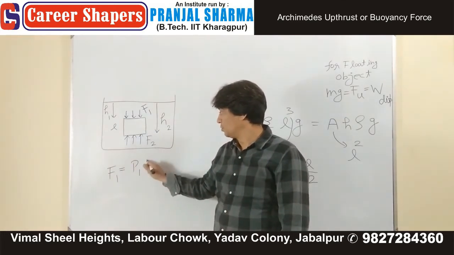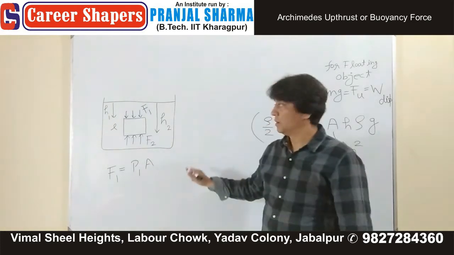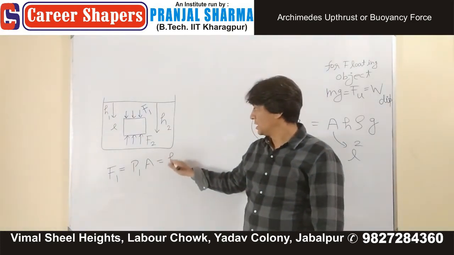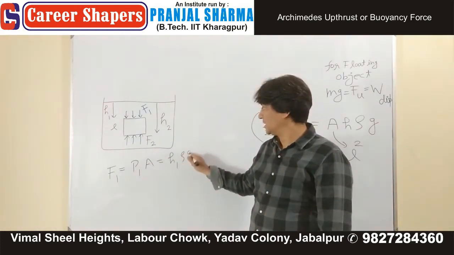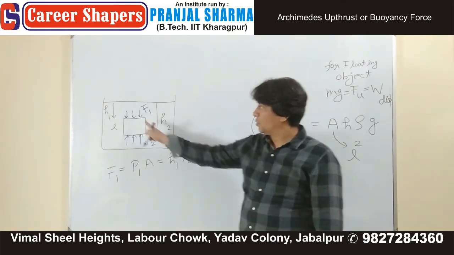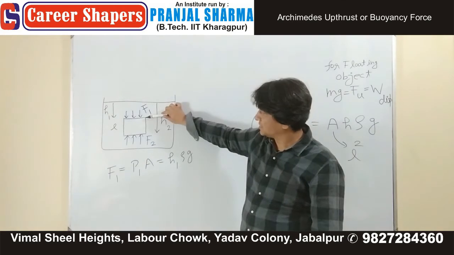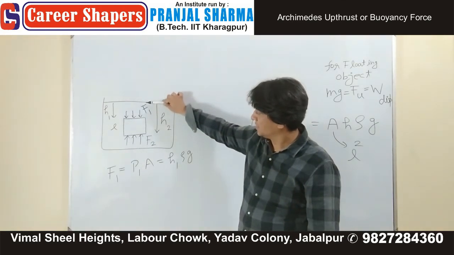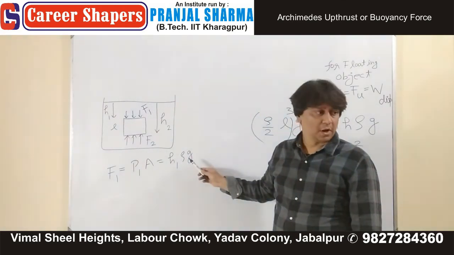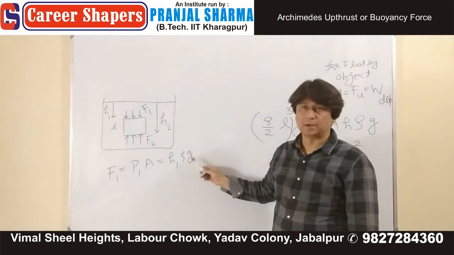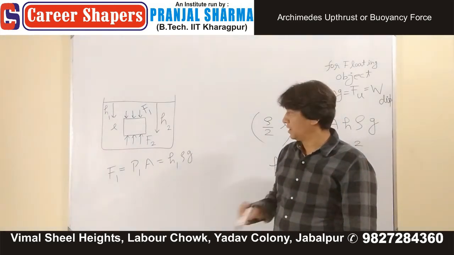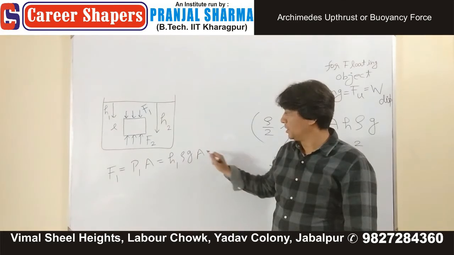Pressure into area. What is P1? H1 rho g. What is the pressure at this place? Pressure at this place is this height multiplied by rho and g. That's your F1, P1 into A.